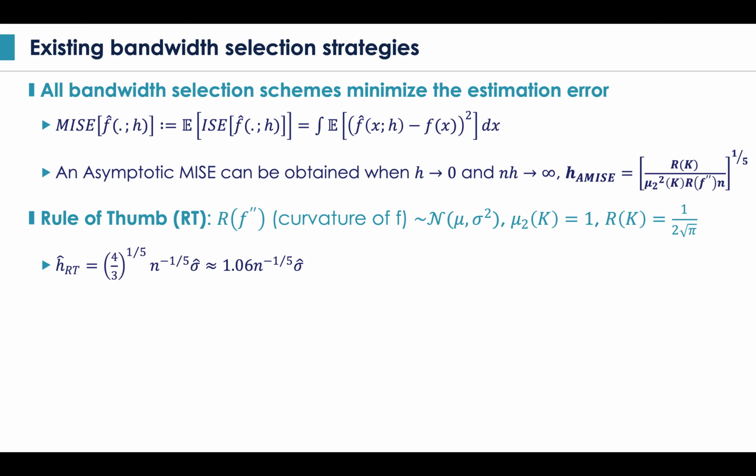One of the popular rules used for obtaining h is called the rule of thumb. This is obtained when we approximate R(f'') via a normal distribution, with mu_K equal to 1 and R(K) equal to 1 by 2 root pi.